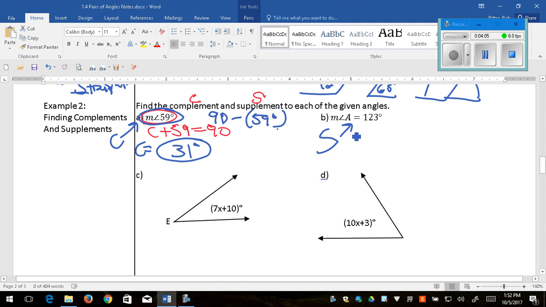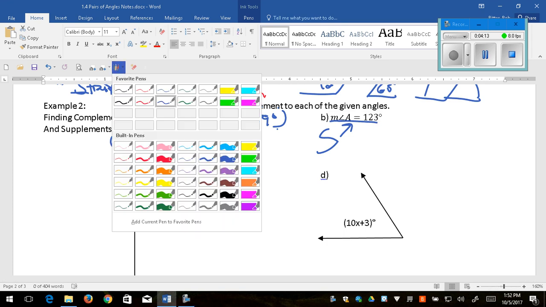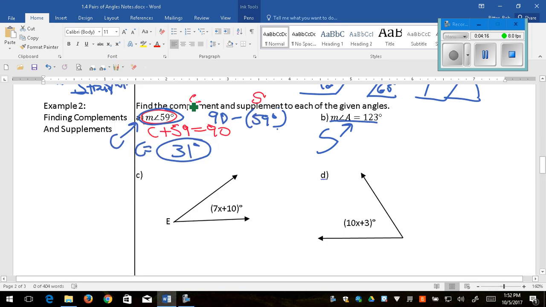By the way, you couldn't find the complement of this because 123 degrees is bigger than you can use for a complementary pair of angles. They have to add to 90, and that's already over 90. So if I look at this as S plus 123 degrees equals 180, since supplementary angles, like a straight line, add up to 180 degrees, I can take away the 123.